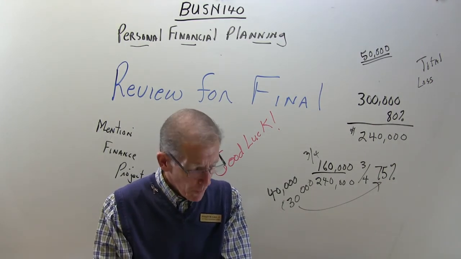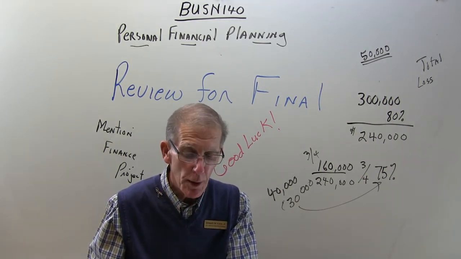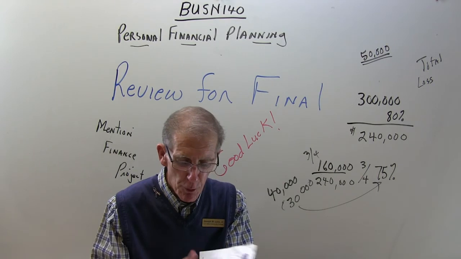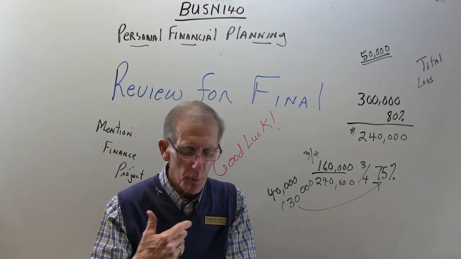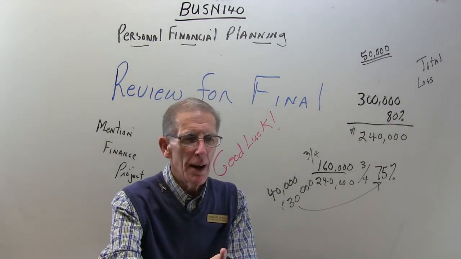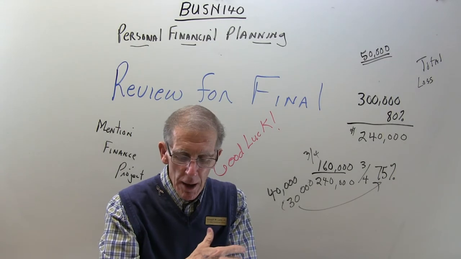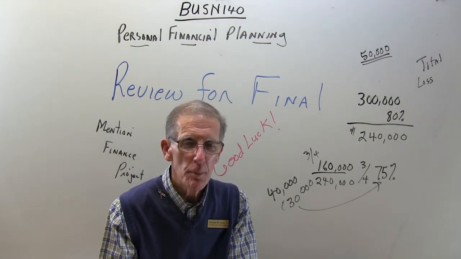On page 495, Chapter 12. Kind of like I wanted you to be familiar with a bear market and a bull market, and kind of like I wanted you to be familiar with demand deposit and time deposit, there's a couple of things as it relates to bonds that I want you to be familiar with.